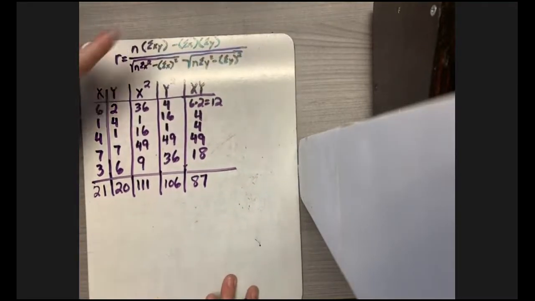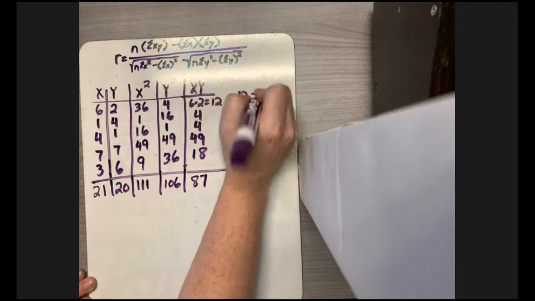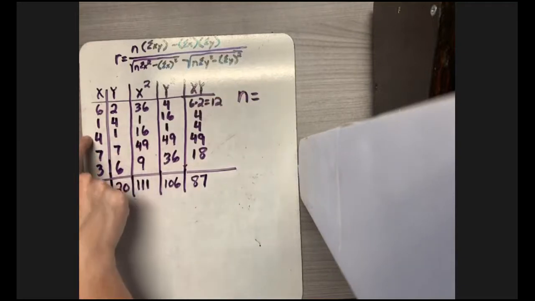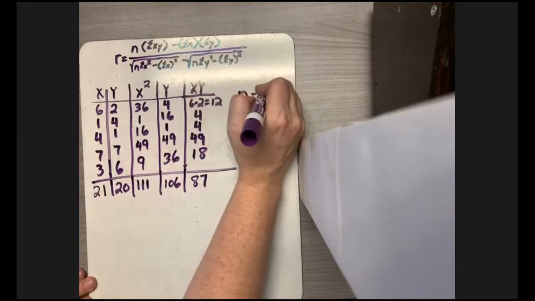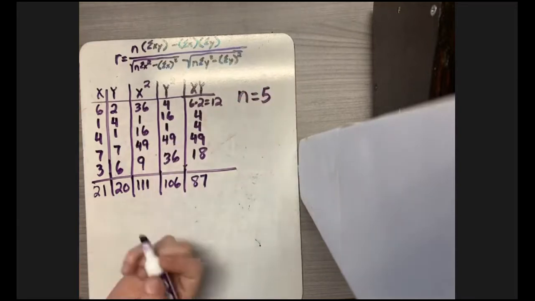Now I'm going to work with my formula, and I have n is 1, 2, 3, 4, 5. So n is going to be 5. Now calculations.